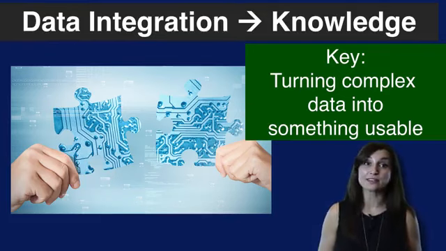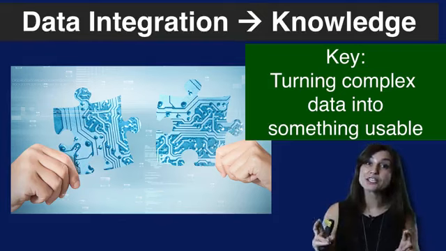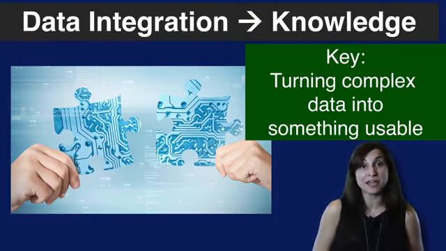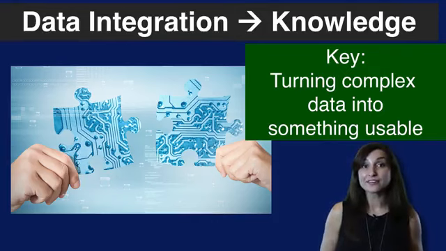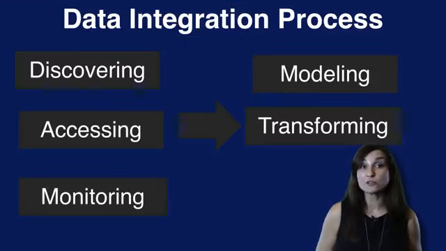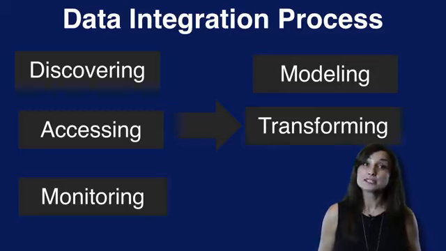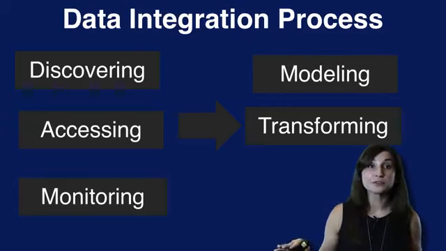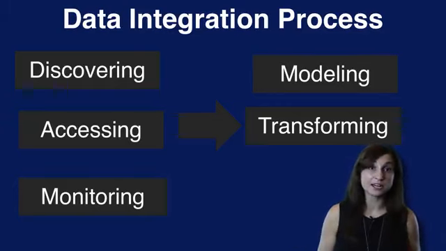The main objective here is taming, or more technically, managing data and turning it into something that you can make use of programmatically. A data integration process involves many parts. It starts with discovering, accessing, and monitoring data, and continues with modeling and transforming data from a variety of sources.